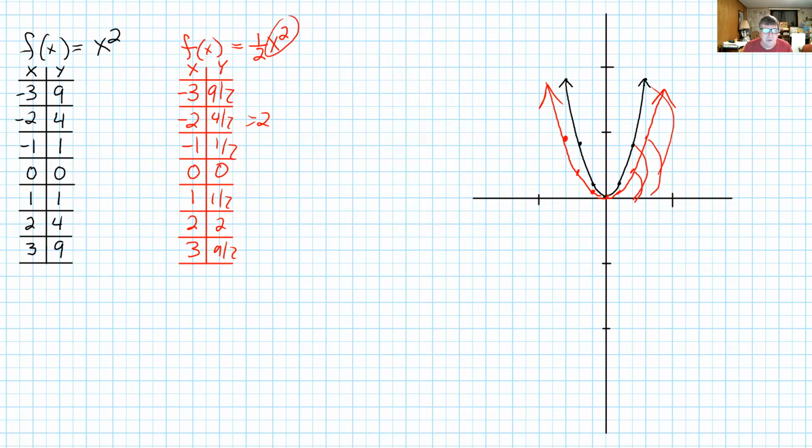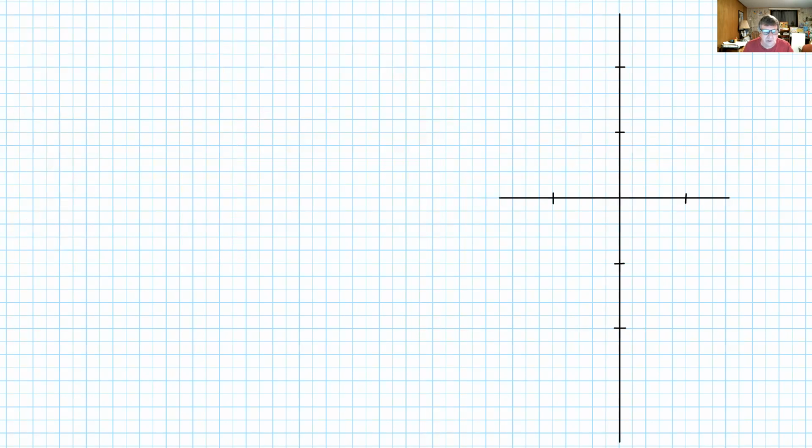All right, so let's see if we can summarize all of this. If we've got something in the form y equals a times (x minus h) squared plus k, this is a formula, okay? If a is greater than 0, the parabola opens upward.